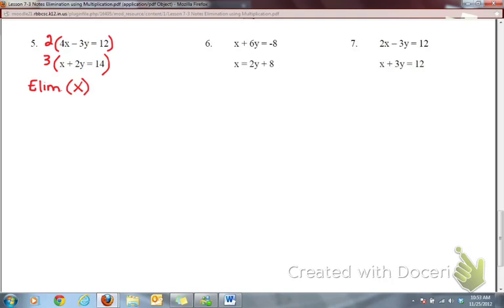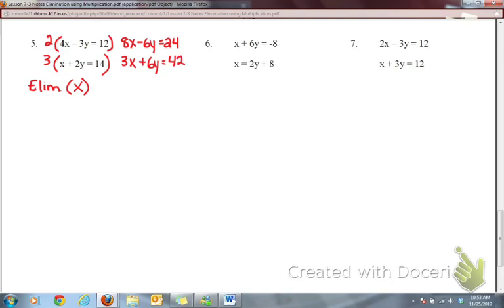Okay, so when I multiply that, we get 8x minus 6y equals 24. And the bottom will give me 3x plus 6y equals, whatever 14 times 3 is, 42.